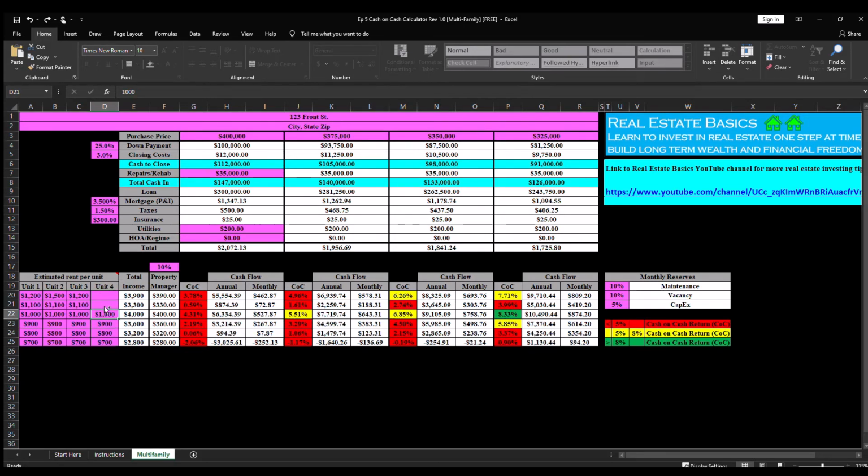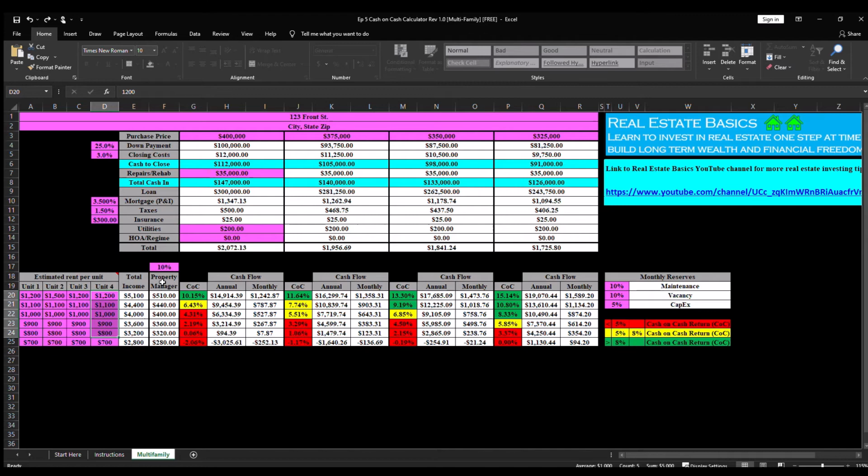Otherwise, just keep your numbers there. Right, and I like to put in values of rent based on comps that I get from the realtor or the property manager. I like to put the highest I think I can get and the lowest I think I can get, and a range in between. And then this right here just adds all the units together into one monthly rental payment, if you will.